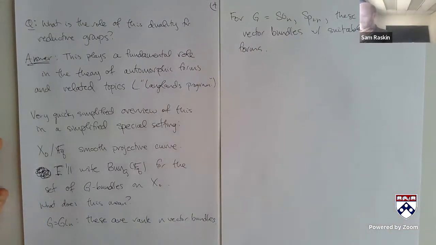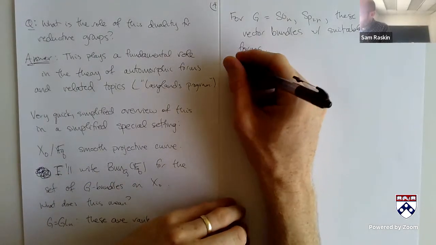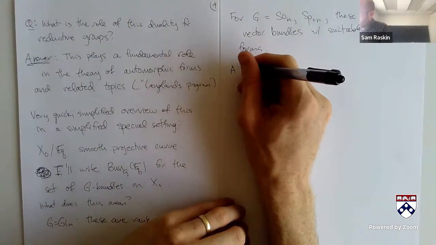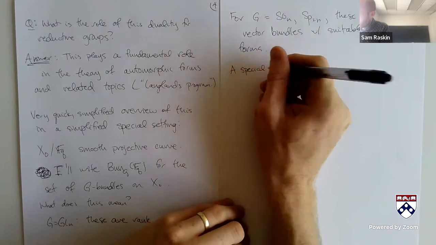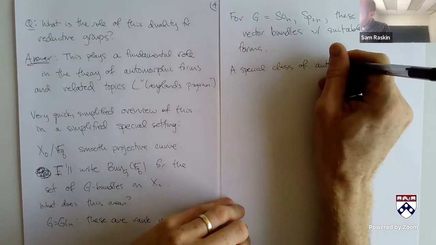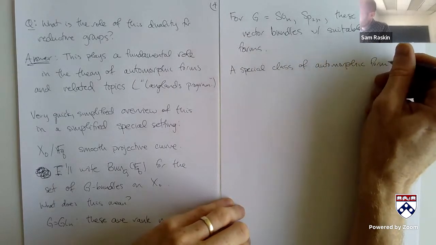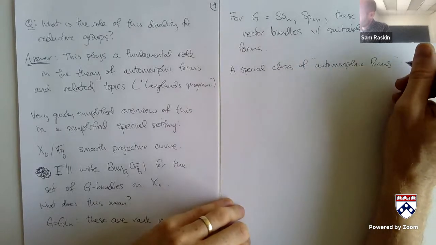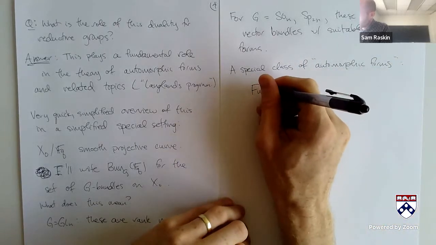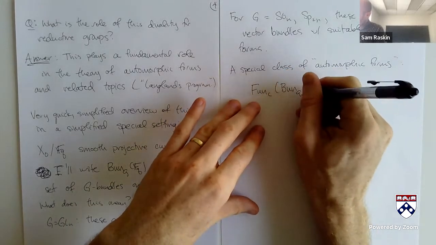And so I'm going to say a special class of automorphic forms, whatever those are, is the space of compactly supported functions on this Bun_G(F_q).